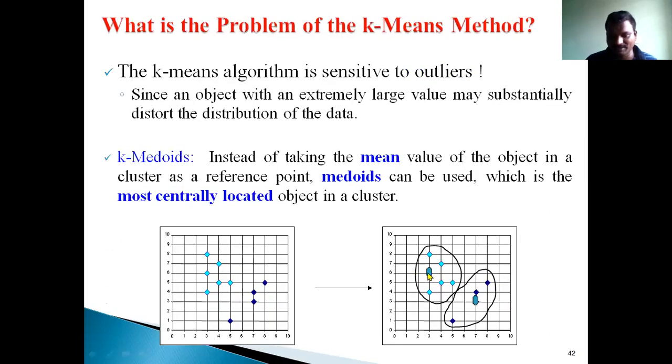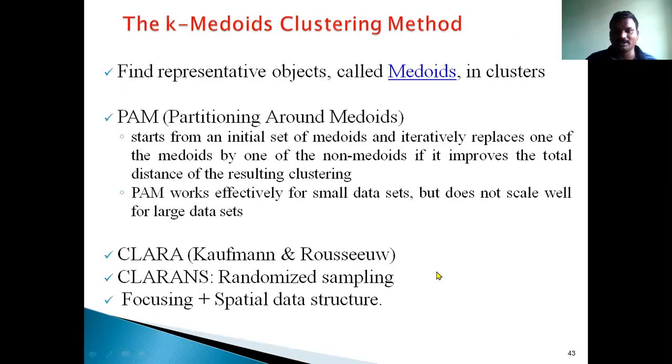This is a medoid point and this is a non-medoid point. This is the replacement, or relocation, strategy: the non-medoid is replaced and then becomes a medoid point. Replace a medoid with a non-medoid if it improves the total distance of the resulting clustering.